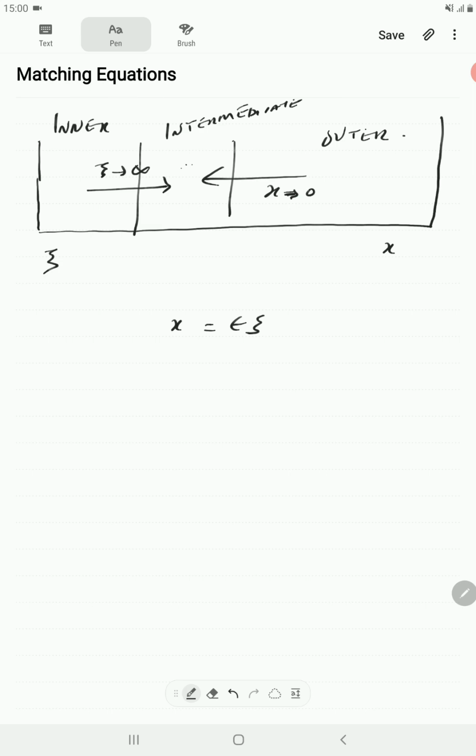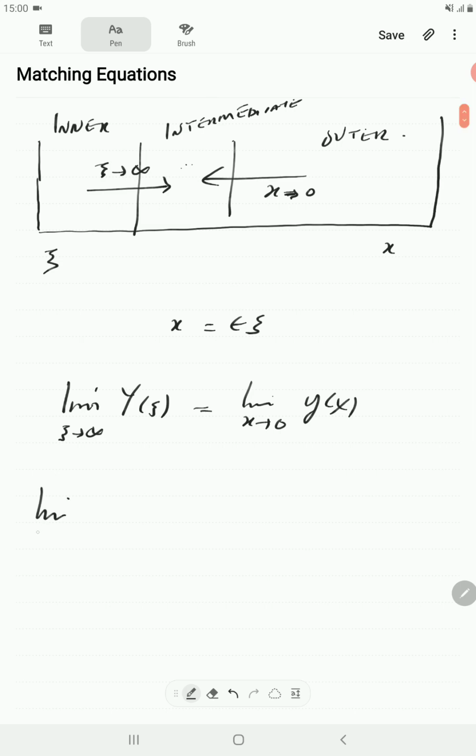Right, so this translates as follows. The limit as xi goes to infinity of big Y must be equal to the limit as x goes to 0 of small y.